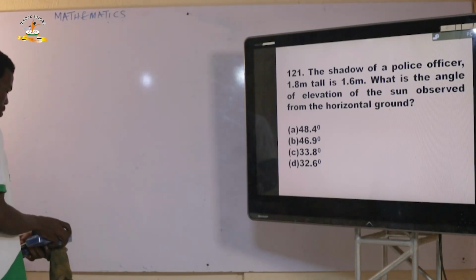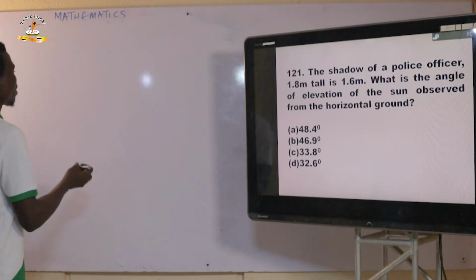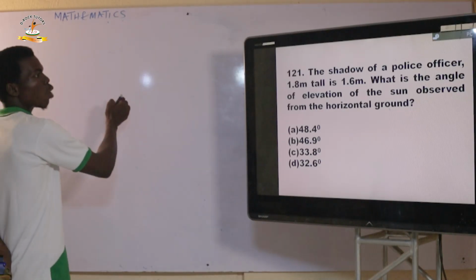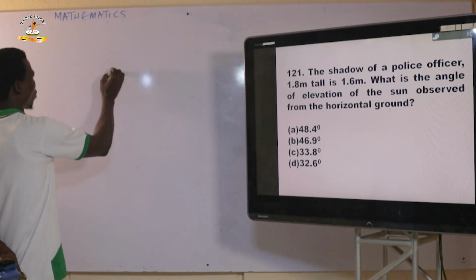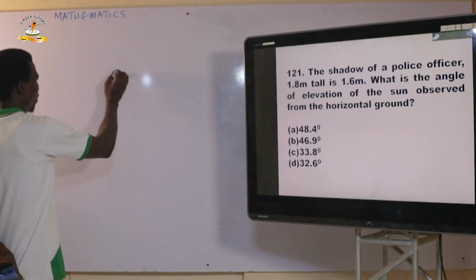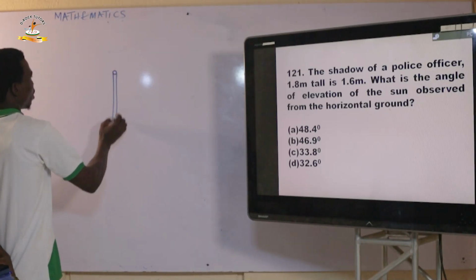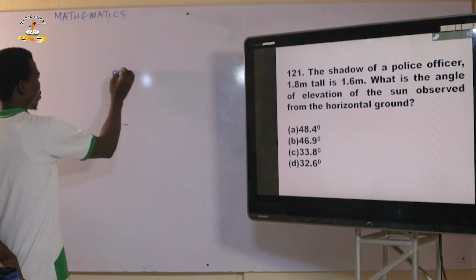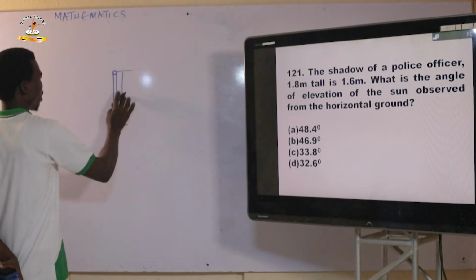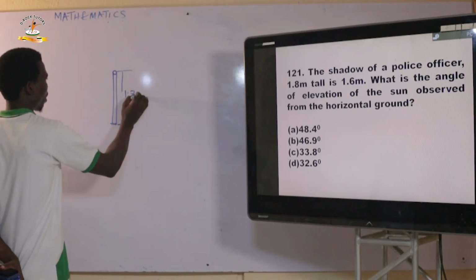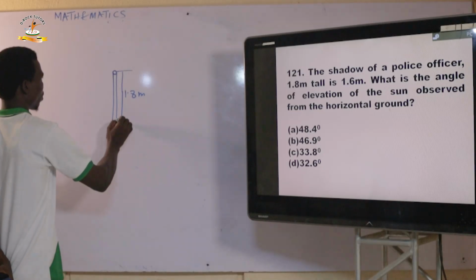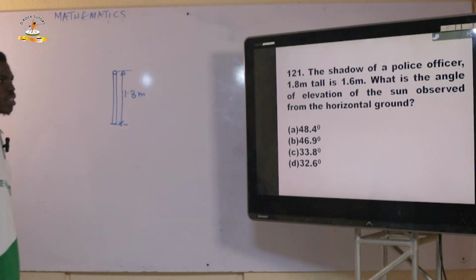Alright, so we have a policeman who is 1.8 meters tall. Let's represent this as the policeman, and he is 1.8 meters tall. That's his height.